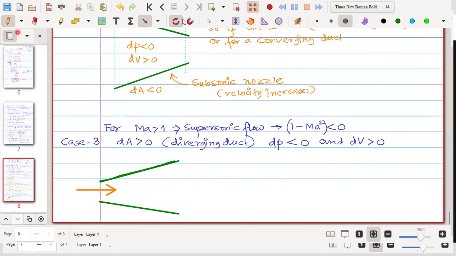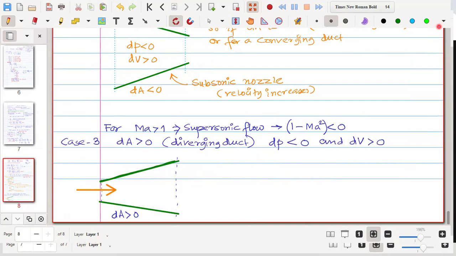Along this direction, area increases. So dA is positive and Mach number is greater than 1.